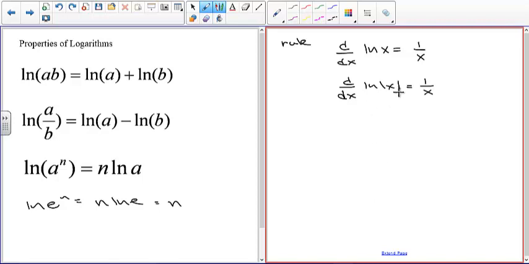So you don't have to have the argument in absolute values to take the derivative. Even though the integral involves the absolute value, when you take the derivative, it doesn't have to be there to start with. So let's say f of x equals the natural log of x squared.